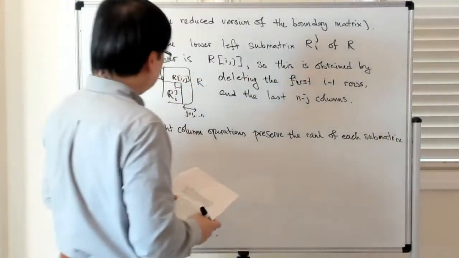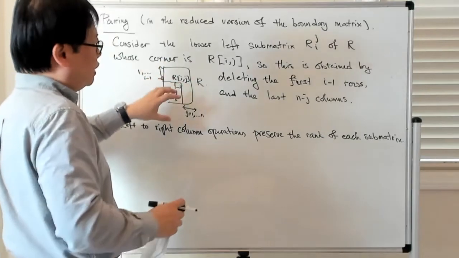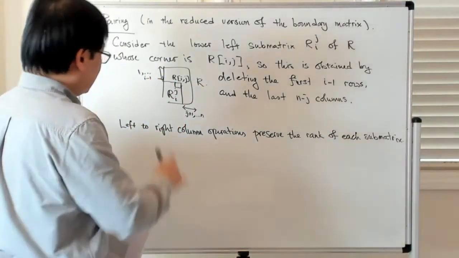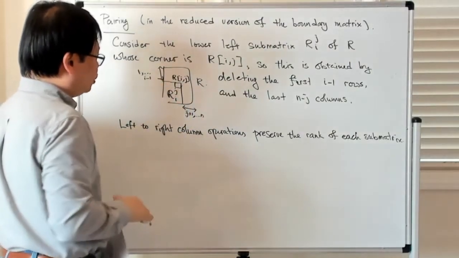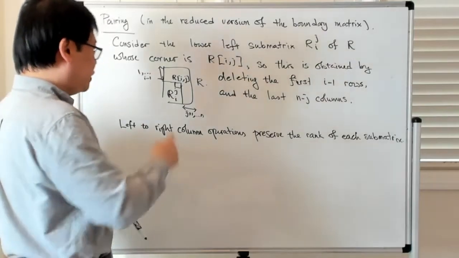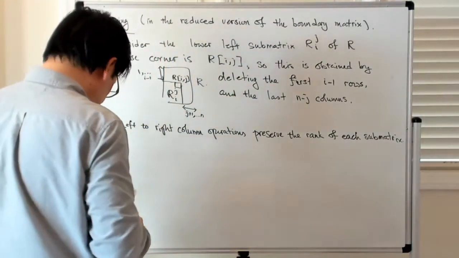So what that means is that if you take the lower left submatrix associated with the boundary matrix, the rank of this R_i^j submatrix is the same as the rank of the boundary submatrix defined in the analogous way.